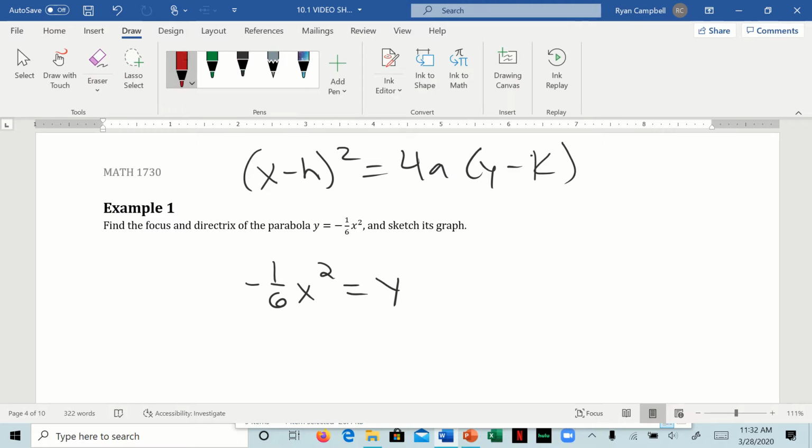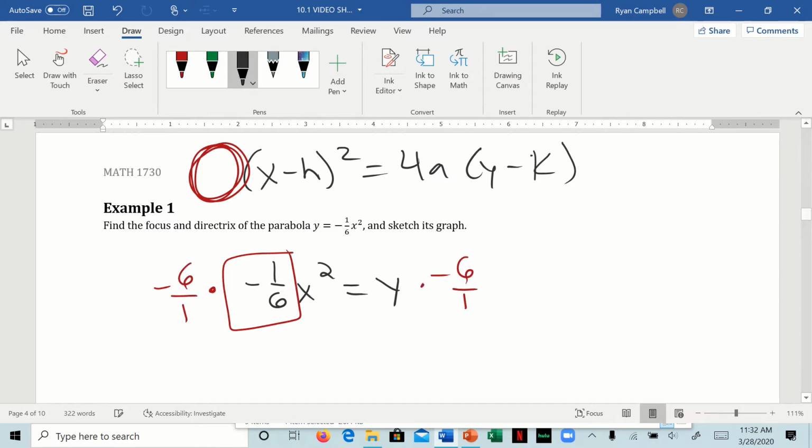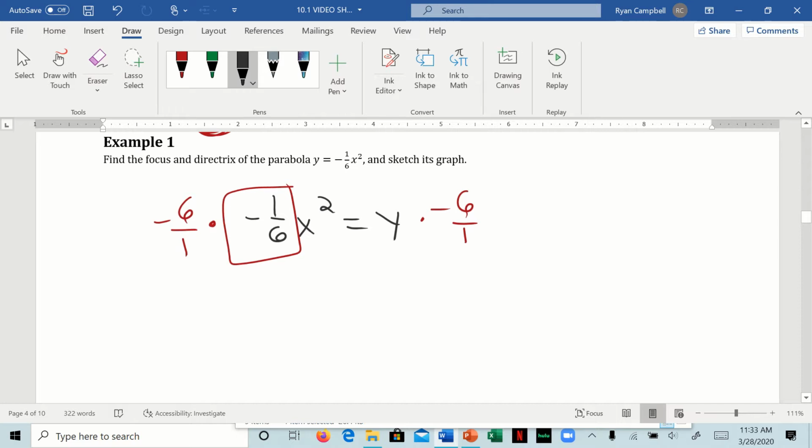Now, there's nothing in front of the x squared, so let's get rid of this fraction by multiplying both sides by negative 6. So we end up with x squared equals negative 6y.